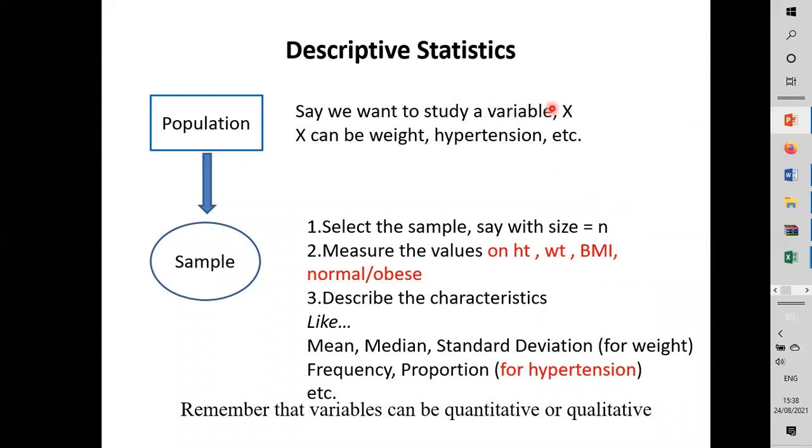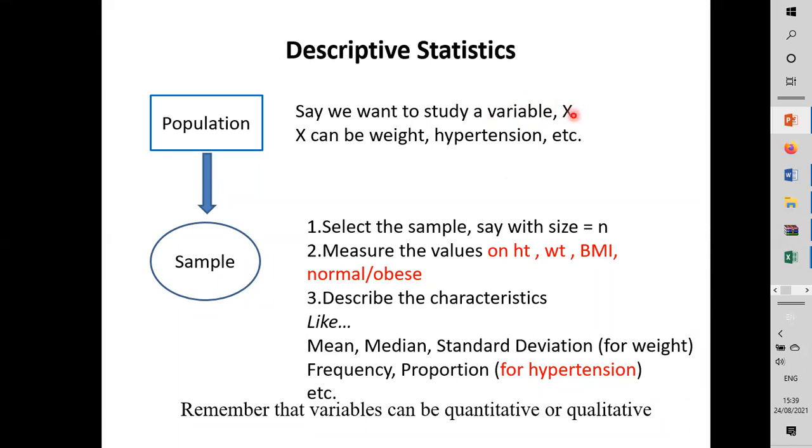This term variable, what's the definition? A characteristic of interest which takes different values in different items or objects. Correct. That's what we went through last week. A variable is a characteristic of interest that takes different values in different items or objects.